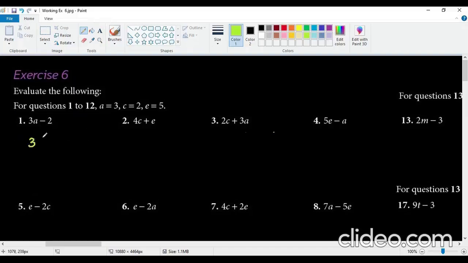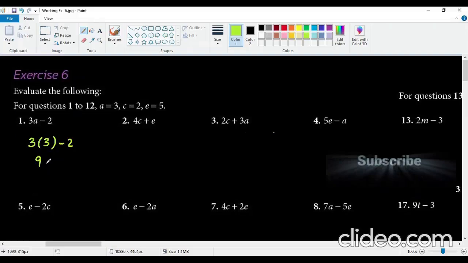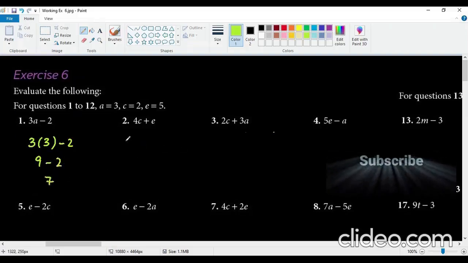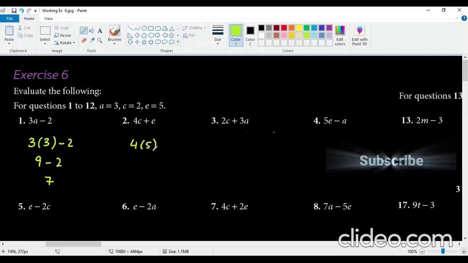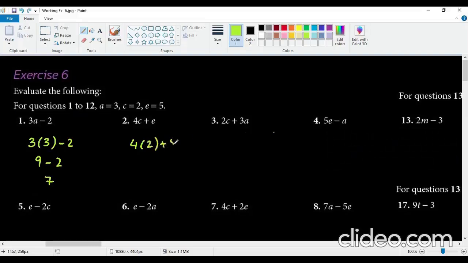For example, 3a minus 2, where a is 3: 3 times 3 is 9, minus 2 is going to give us 7. 4 times c, where c is 2, plus e, which is 5: that means 8 plus 5 is going to give us 13. 2 times c, which is 2, plus 3 times a, which is 3: that means 4 plus 9 is going to give us 13 as well.